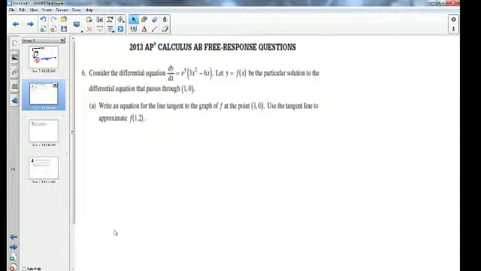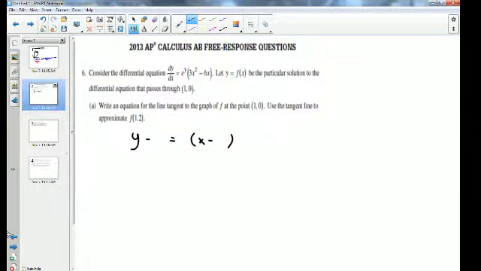So at this point, we're writing the equation of a tangent line, right? Fill in the blank. What's my y value? 0. What's the x? 1. All we need to do is find the slope. The nice thing about these is you're given the derivative.